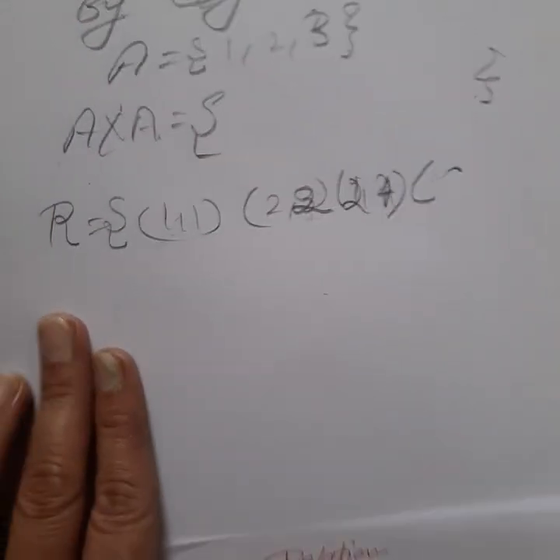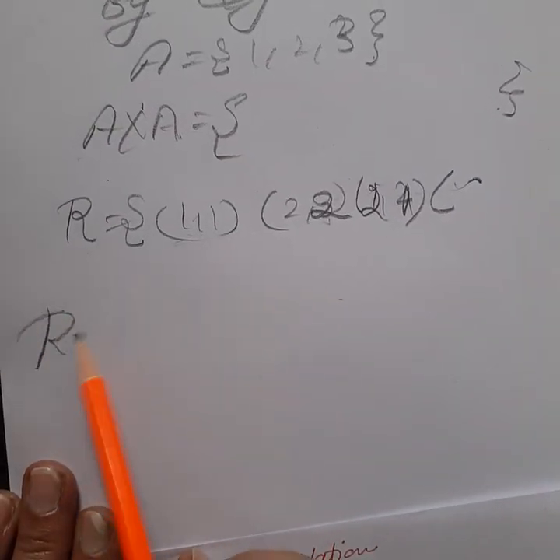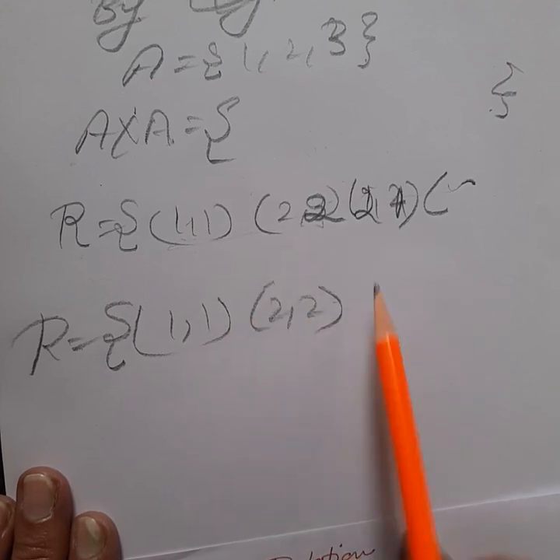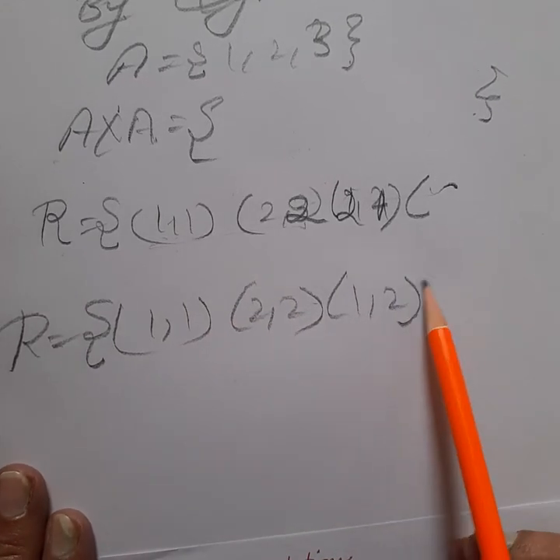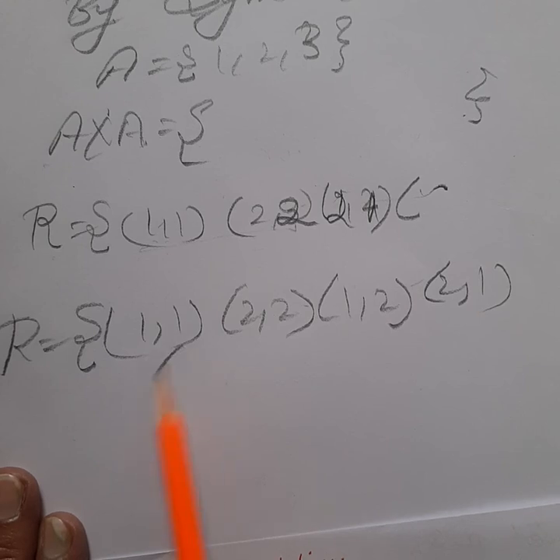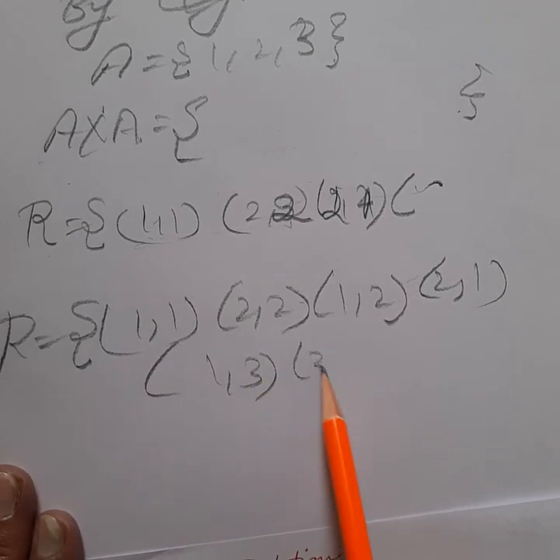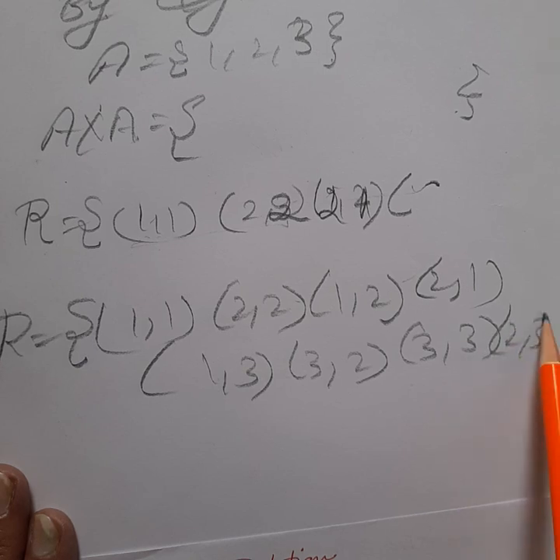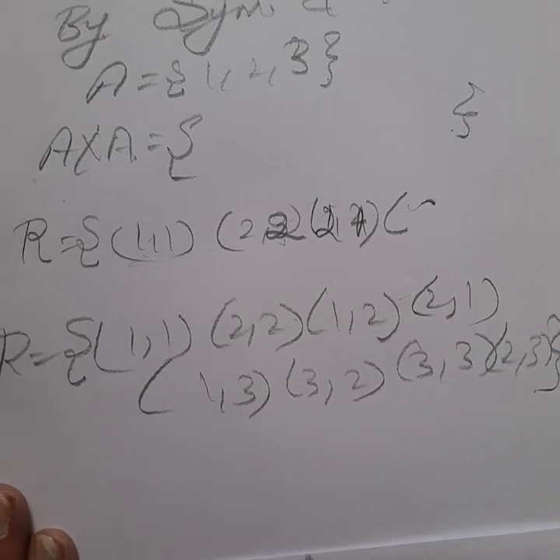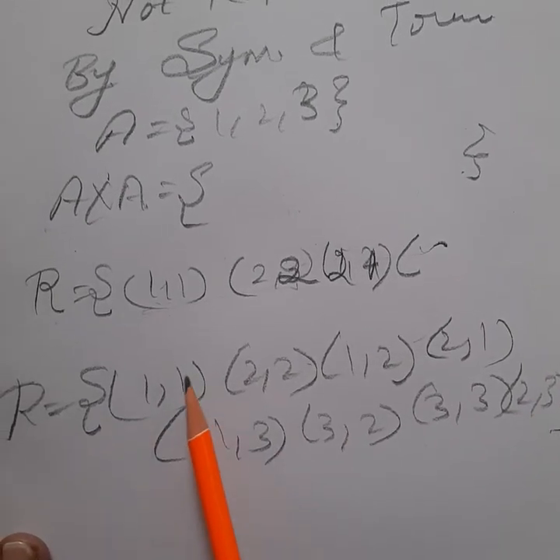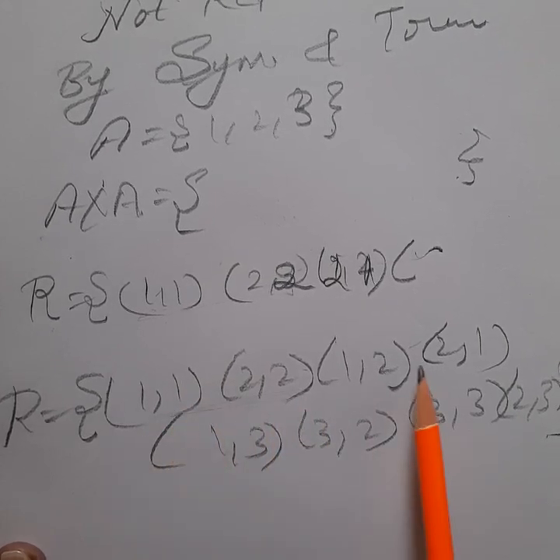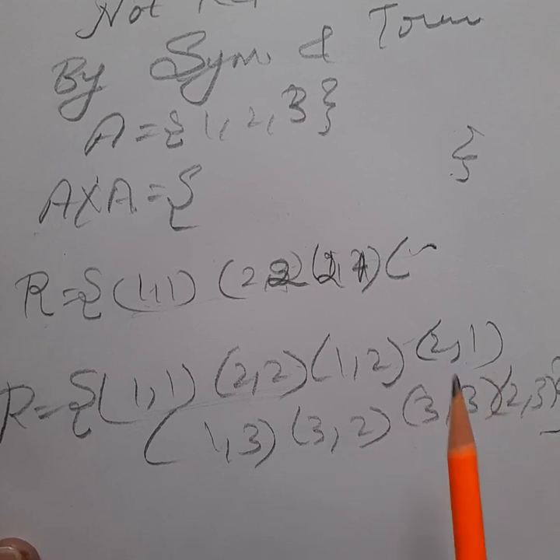I will write this relation again. Okay, and you can write here (1,1), (2,2), or (1,2), or you can write here (2,1) and (1,3), (3,2), (3,3) or (2,3). You can write all the other elements in your question, but you don't write any one of the elements of the reflexive relation. In this way you can do it for symmetry also.